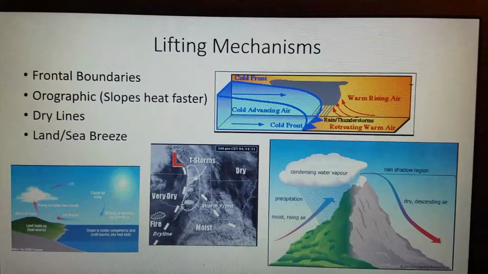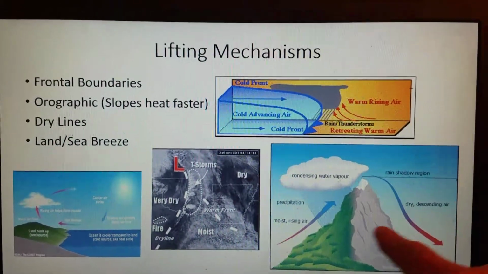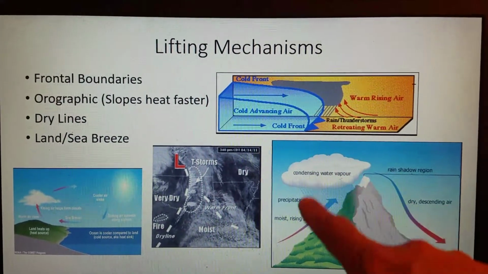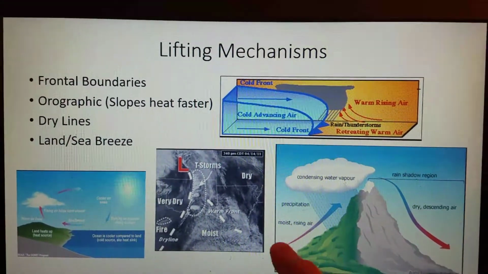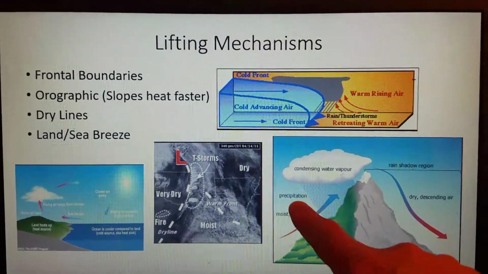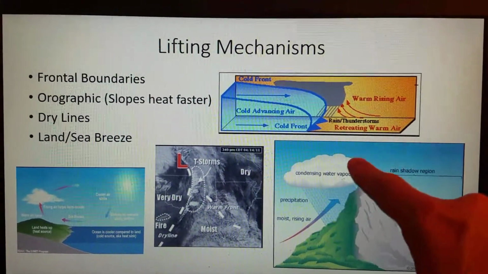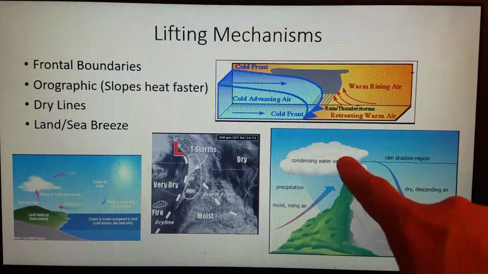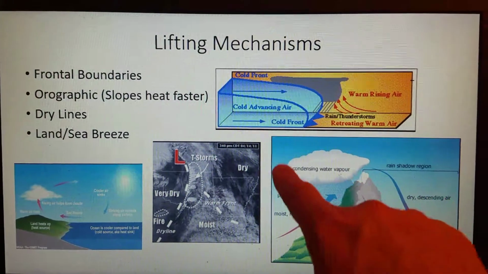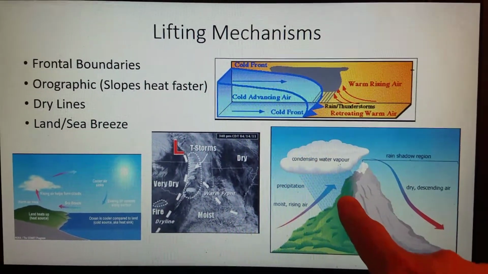Another method of lifting is orographics, where you have mountainous terrain. Thunderstorms can happen in the vicinity of mountains in two ways. As wind blows against the windward side of the mountain, the wind is not allowed to go through the mountain, but it has to go up and over the top. As that air rises, it cools and condenses and forms clouds and thunderstorms on the windward side, and dumps the precip on that side.